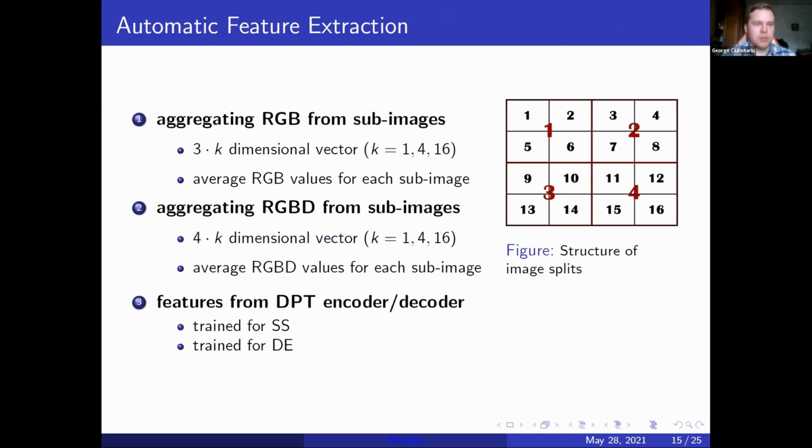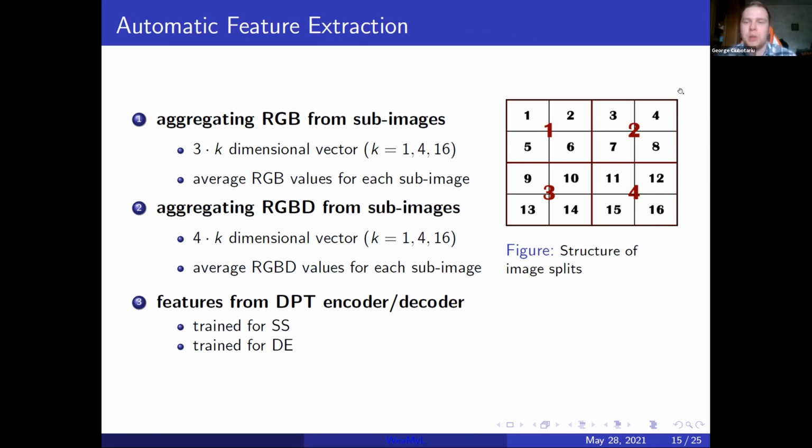Okay, so in what concerns the automatic feature extraction, we considered RGB and RGBD images. We have feature vectors of 3 multiplied by k for RGB and 4 multiplied by k for RGBD, where k is the number of subsplits in the image.